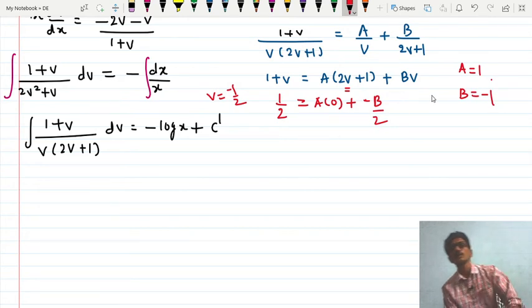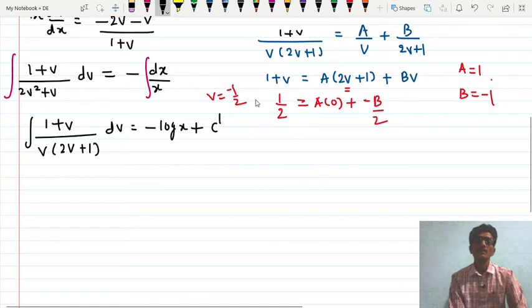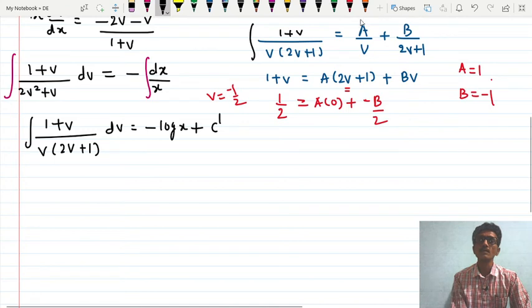So here b will be equal to -1. Now after getting a and b, integration of this is nothing but integration of this and integration of this.